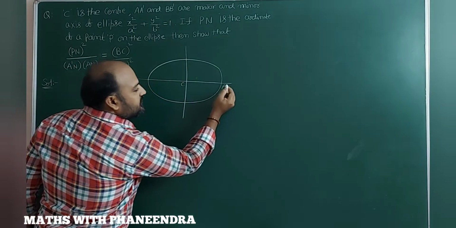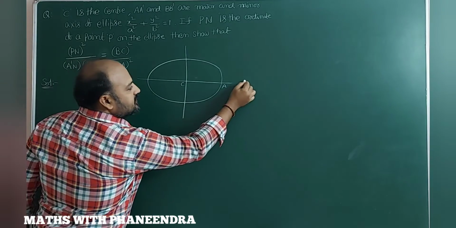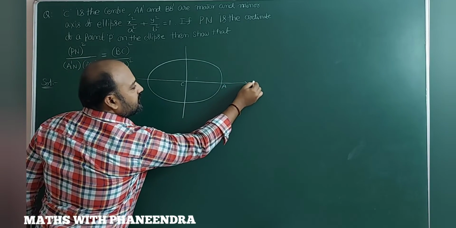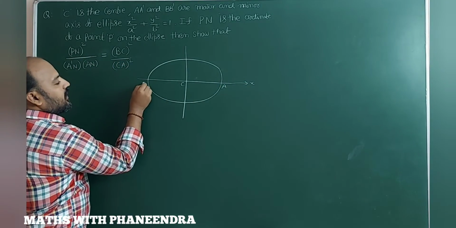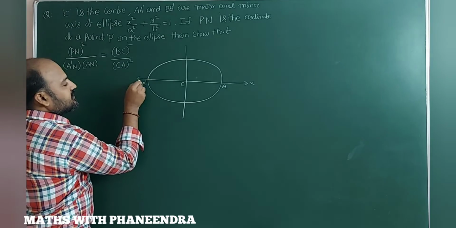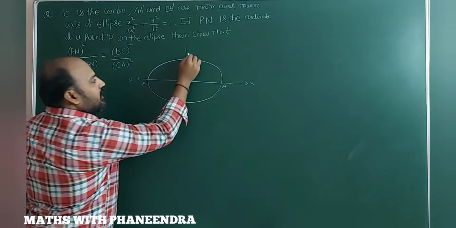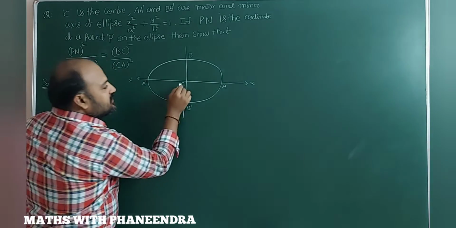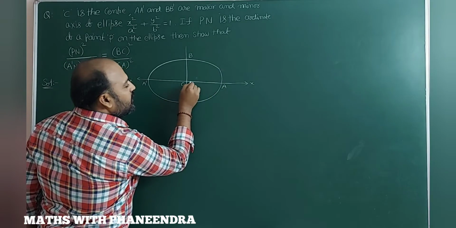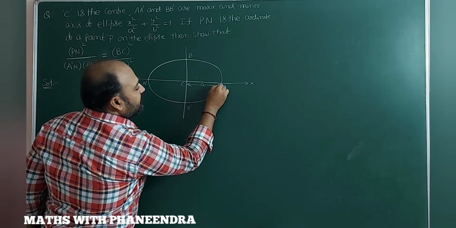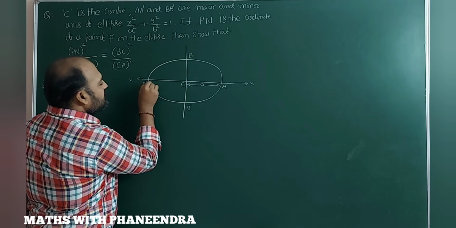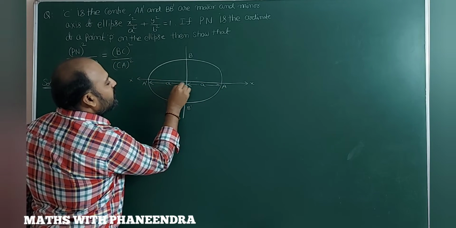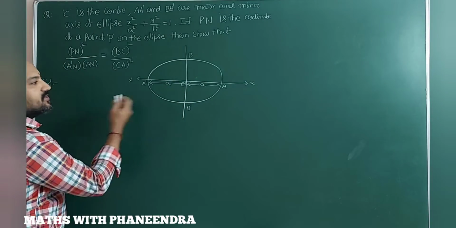The curve of the ellipse which cuts the x-axis, that means the major axis here. A dash A is called the major axis. B dash B is called the minor axis. CA value is equal to a units from here to here. Even CA dash is also equal to a units, but it is on the left side.